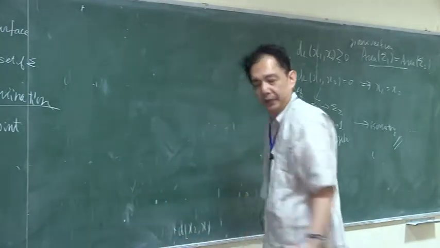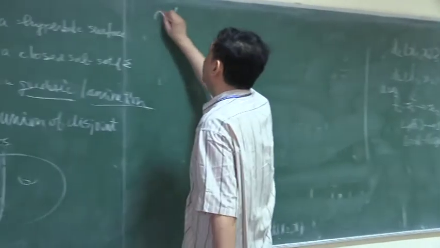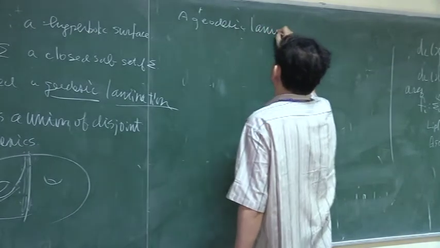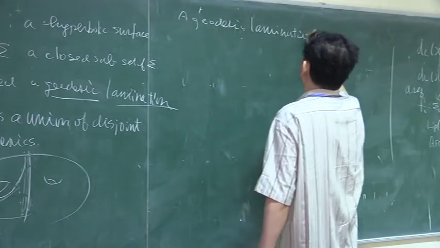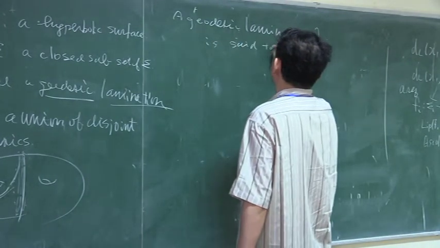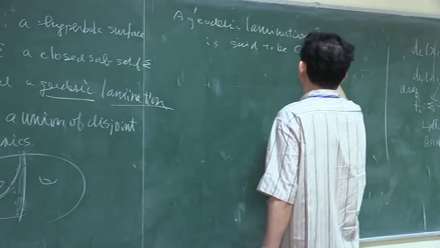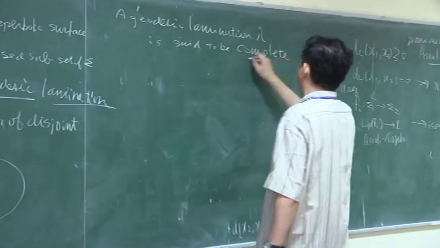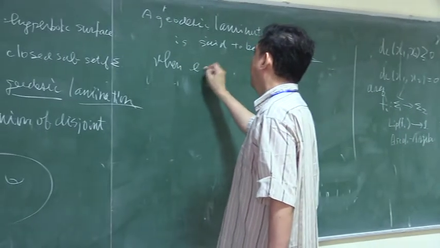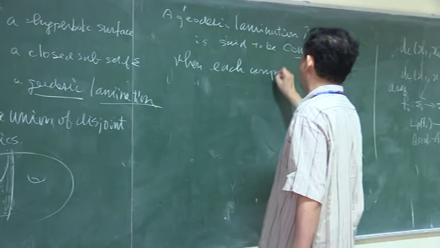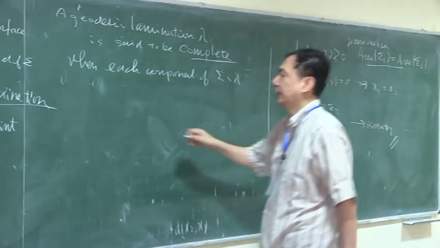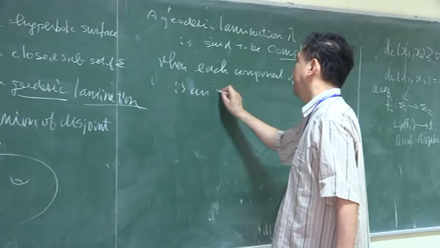A geodesic lamination lambda is said to be complete when each component of the complement is an ideal triangle.